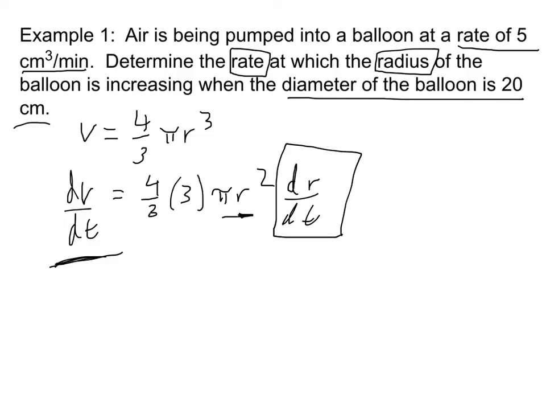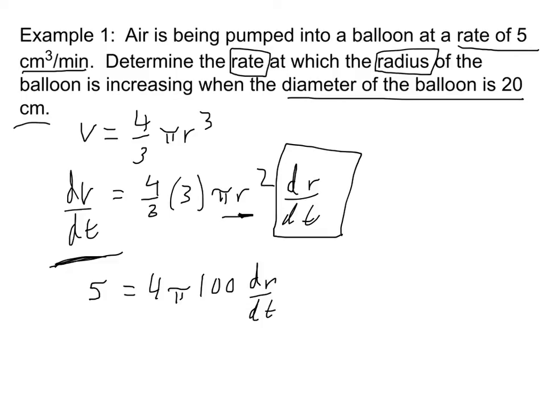So let's see. This would be 5 equals, those 3's cancel, so it's just 4 pi times the radius. Well, it says the diameter of the balloon is 20, so the radius is half of that, so that's 10, squared is 100, times dr over dt.